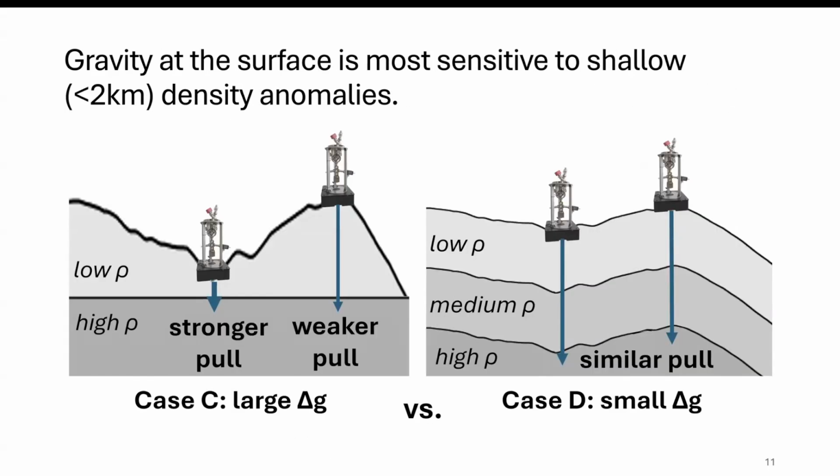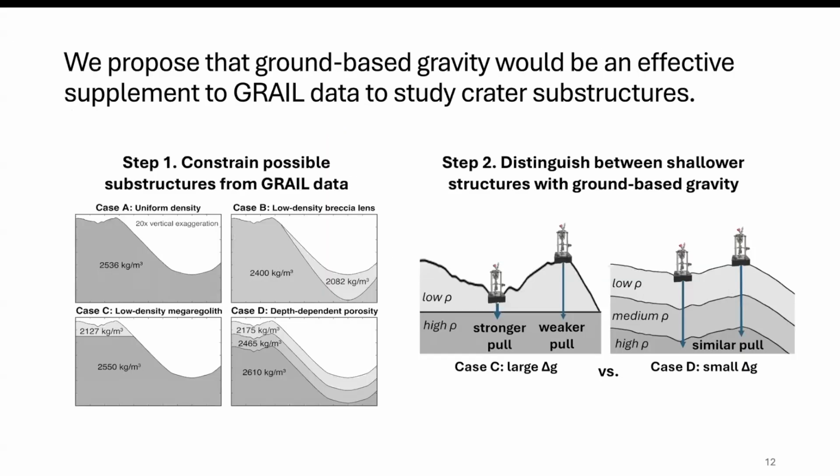As you traverse that topography, if your topography changes, you get a different signal versus a scenario like scenario D, which has that constant density gradation. You wouldn't get as much change in your gravity signal as you go up and down the topography. So you would get different signals based on different subsurface structures.